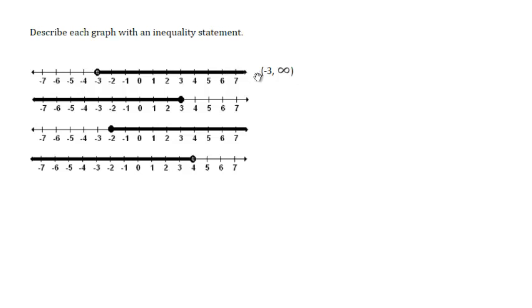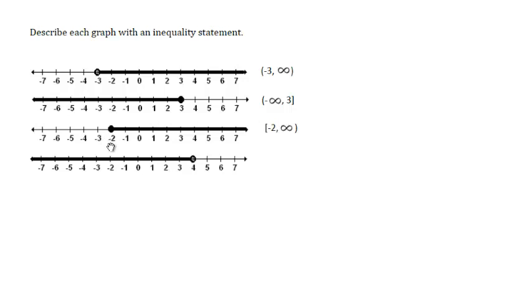So open circle, parentheses, the point where you start, the point where you end, and then close parentheses, always with the infinity symbol. In this case, we're going to start on the left and come all the way up until 3, and 3 is going to be included. So that's going to be from negative infinity to 3, 3 being included, so we put a bracket to indicate that.